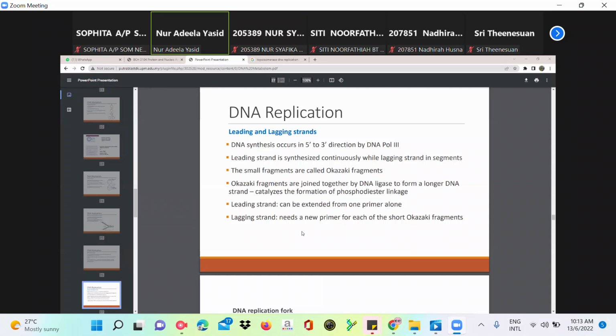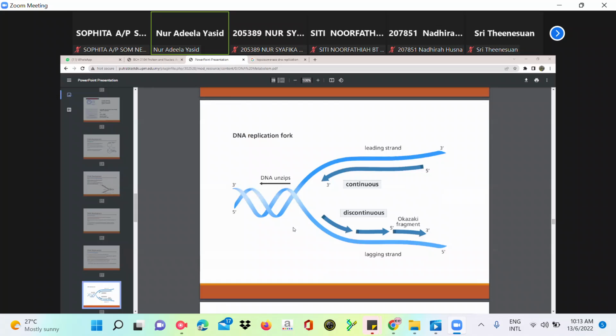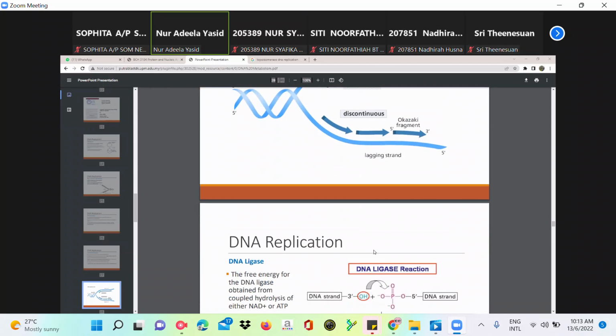That is the point to differentiate between leading and lagging strands. This is why we explain the term replication fork. Which one is the leading strand? Which one is the lagging strand?